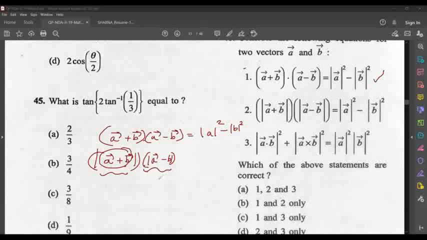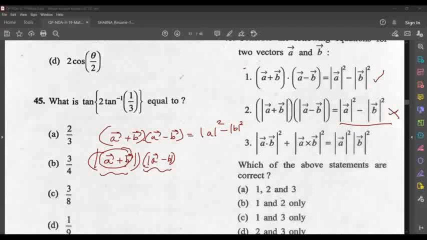Then we do the same after subtracting. That cannot be equal to the magnitude of a squared minus the magnitude of b squared. So this statement is wrong.